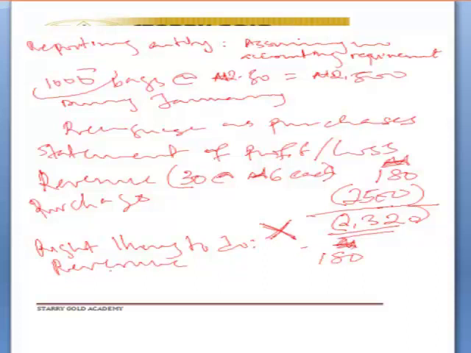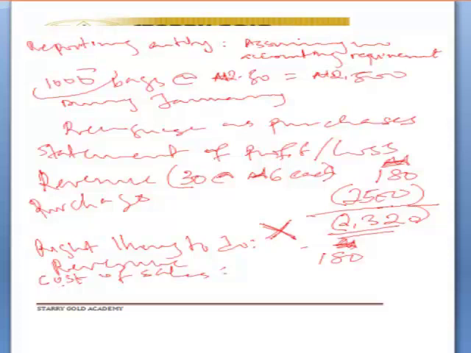Now his cost of purchase that is going to be matched against that revenue, we call it cost of sales.